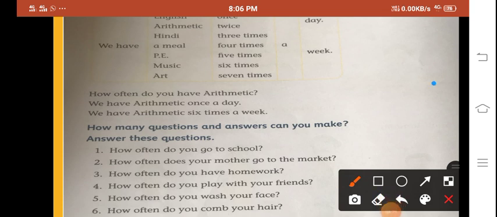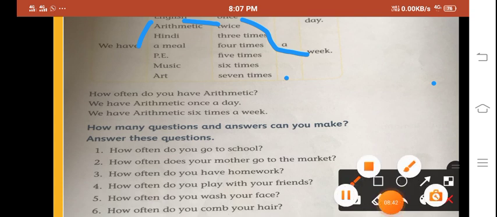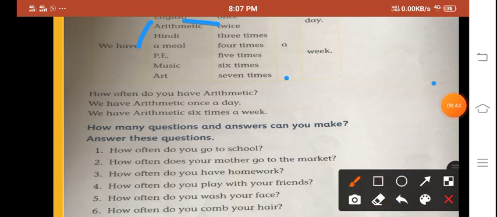Now see, the first is, we have English once a day. Okay, and we have arithmetic twice a week. In a week we read arithmetic twice a week. We have Hindi 5 times a week.